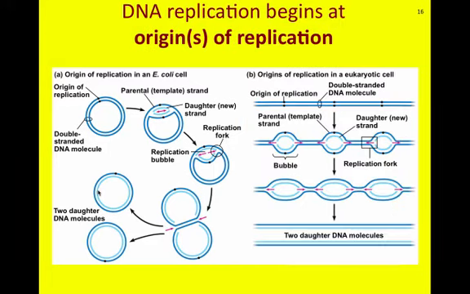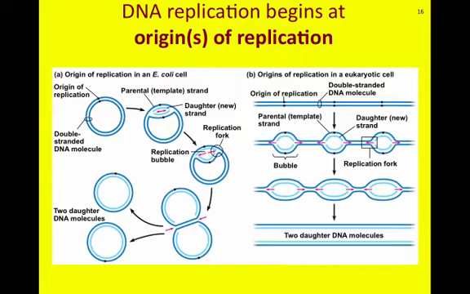Now let's compare that to DNA replication in a eukaryotic cell. As you can see here, each strand of DNA in this double helix, shown linear for simplification, has multiple origins of replication.